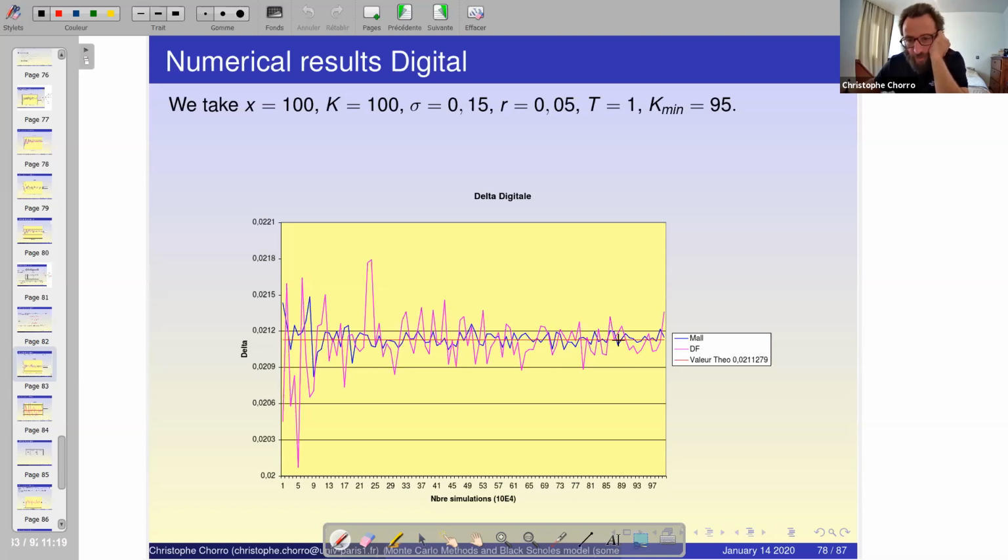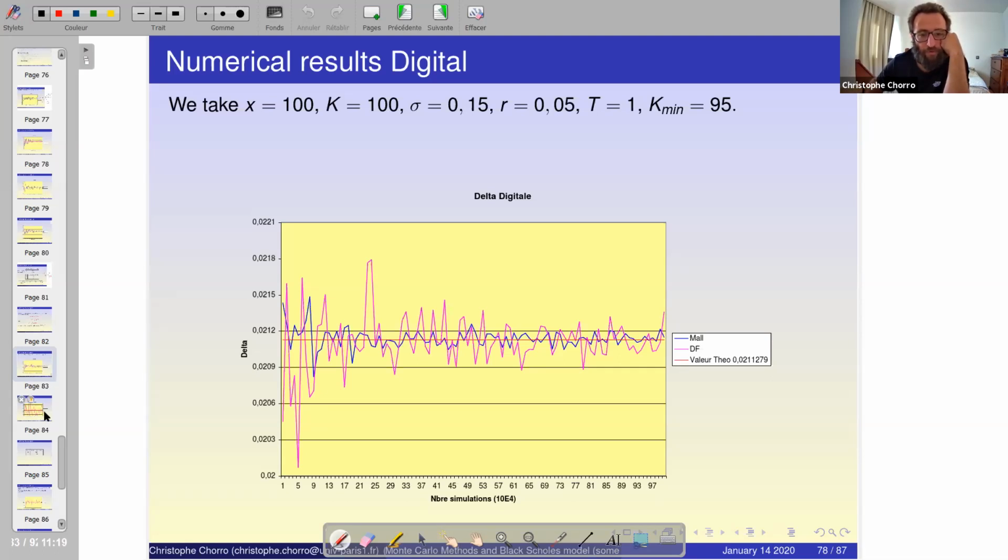Sometimes the blue is better, then the other one becomes better. So I am not able to distinguish here, contrary to what happened in the case of the delta of a call and a put, where clearly the finite difference scheme was better.